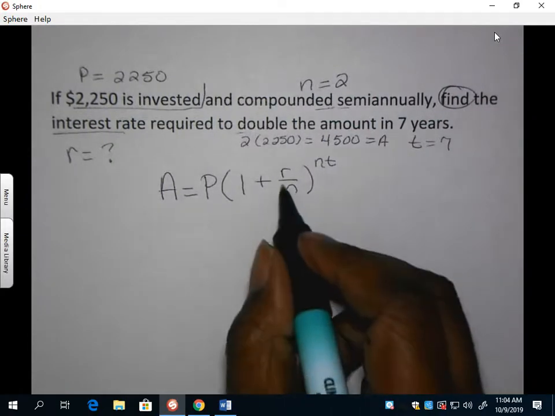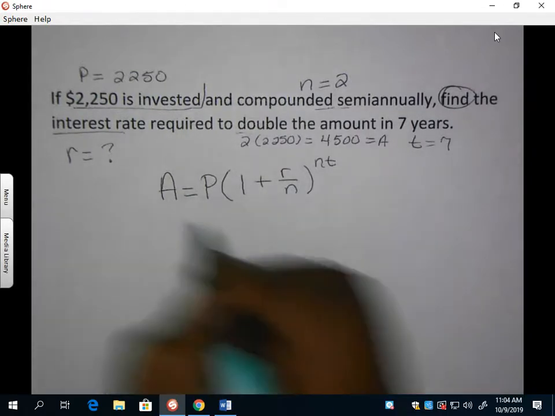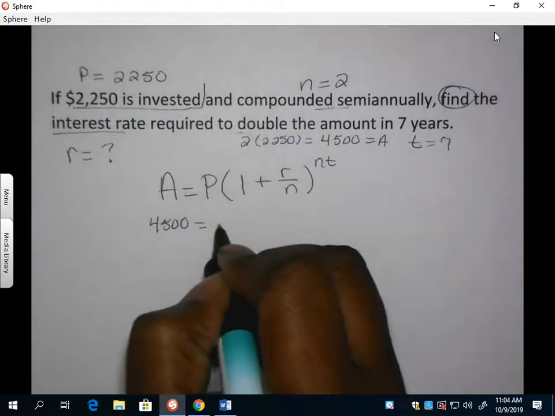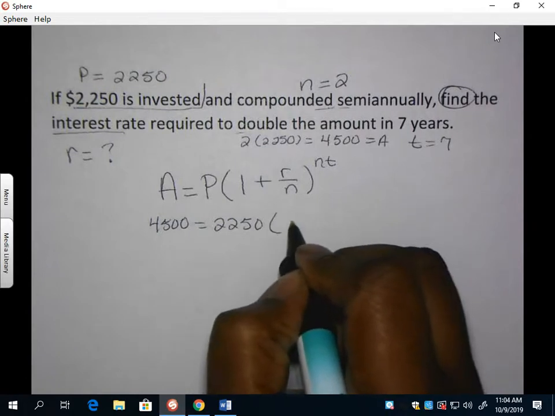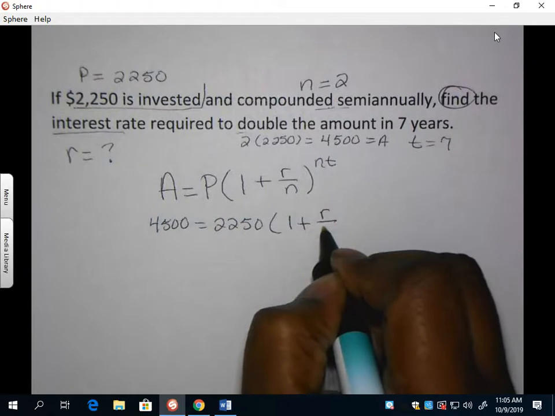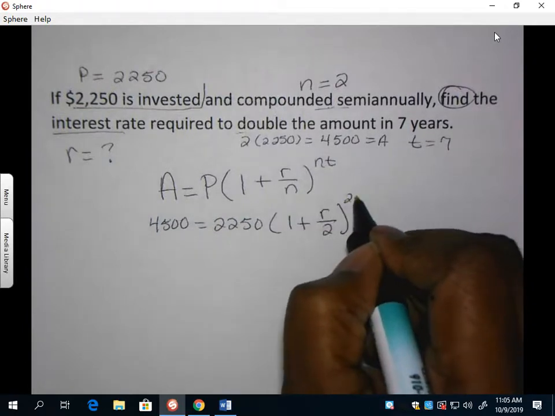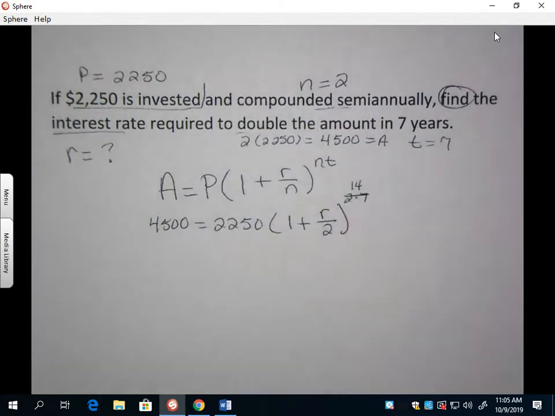R should be the only unknown, and then we can solve for R. So A is 4,500 equals P, which is 2,250 times the quantity 1 plus R over N, which is 2, raised to the NT, which is 2 times 7, which we know is 14. So we're going to just use a 14 there.